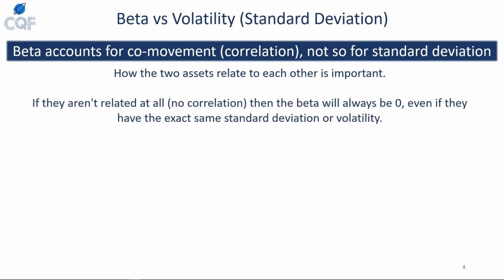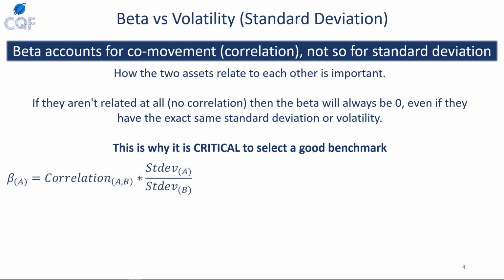If there's no correlation, then the beta will always be 0, even if they have the exact same standard deviation or volatility. You can see why in this formula. If the correlation is 0, then whatever the standard deviations are is immaterial because you're multiplying by 0.